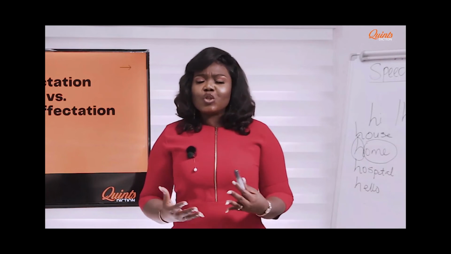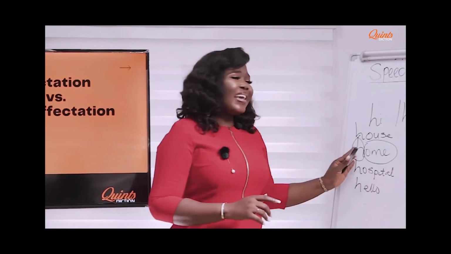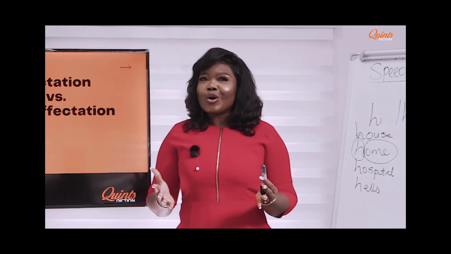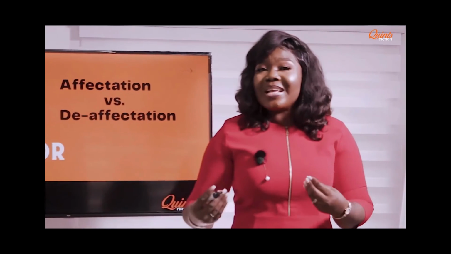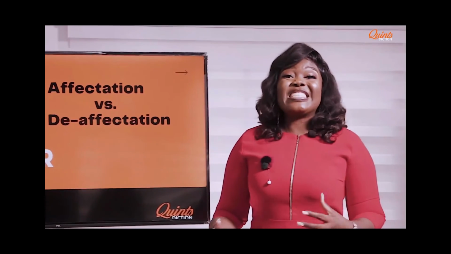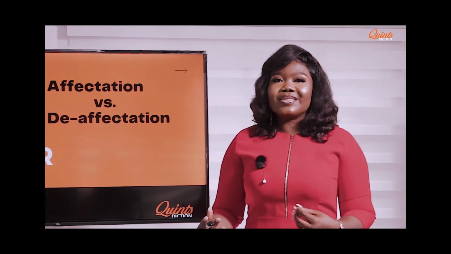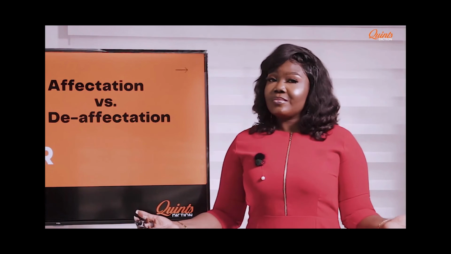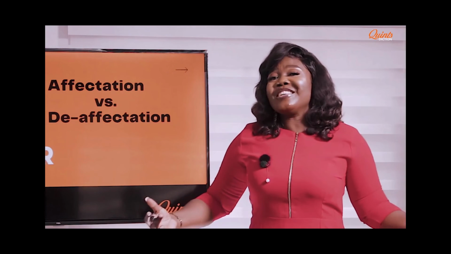So how do you work on it? So you have this challenge and you're watching me right now. For de-affectation, it's very easy. Just pay close attention. It's people who are too lazy to properly articulate their words. So it's very easy to drop this because it takes strength. It takes strength to say house as against 'ouse. With 'ouse, no strength, no energy.